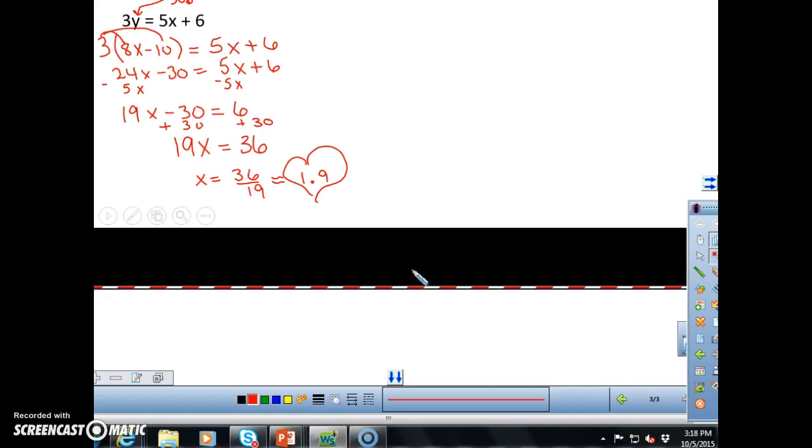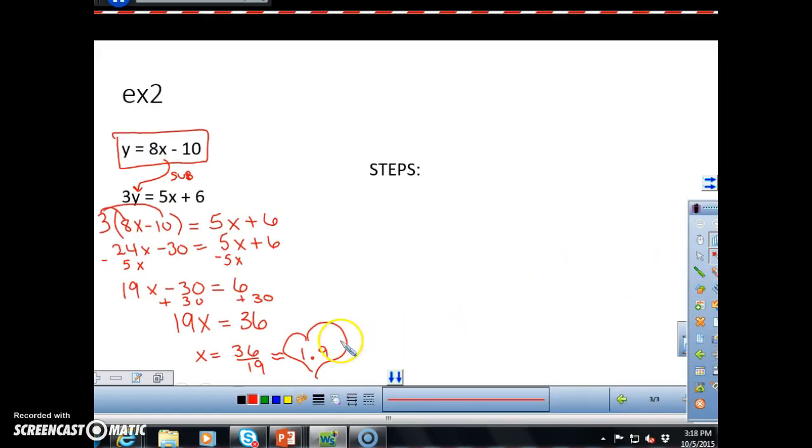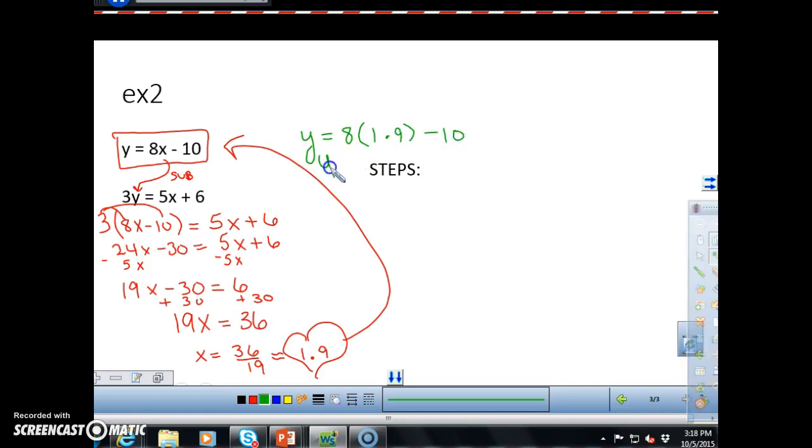Step 4, take the heart and put it back into the box. I'm going to take this and substitute again. 1.9 times 8.